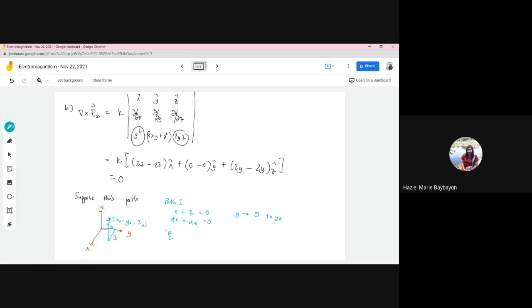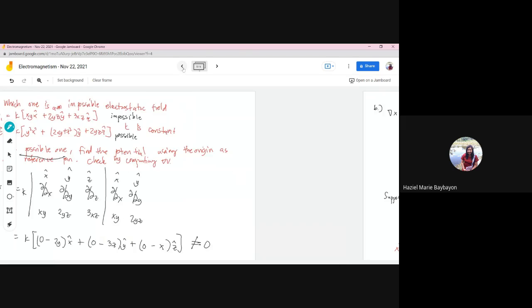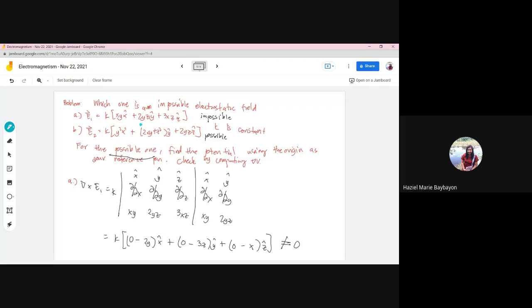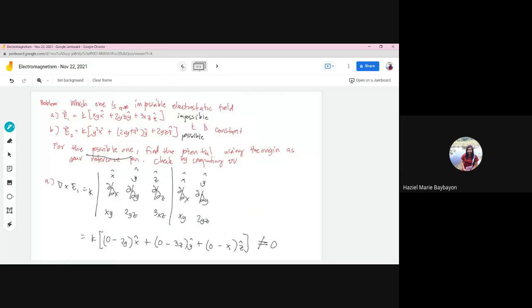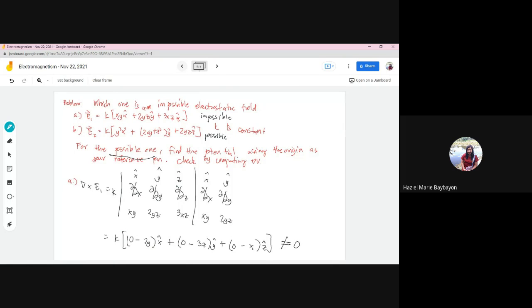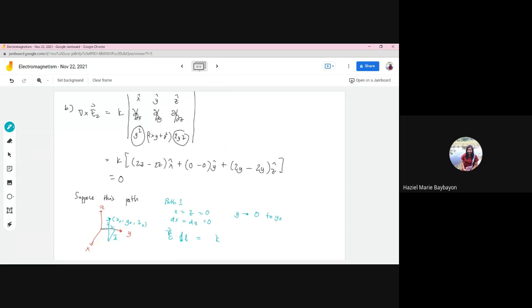Therefore, your E dot dl is equal to, going back to our function, the y component of dl, so we take the y component of E, which is 2xy plus z squared, since this is a dot product. The dl is just dy, because dx and dz are 0.